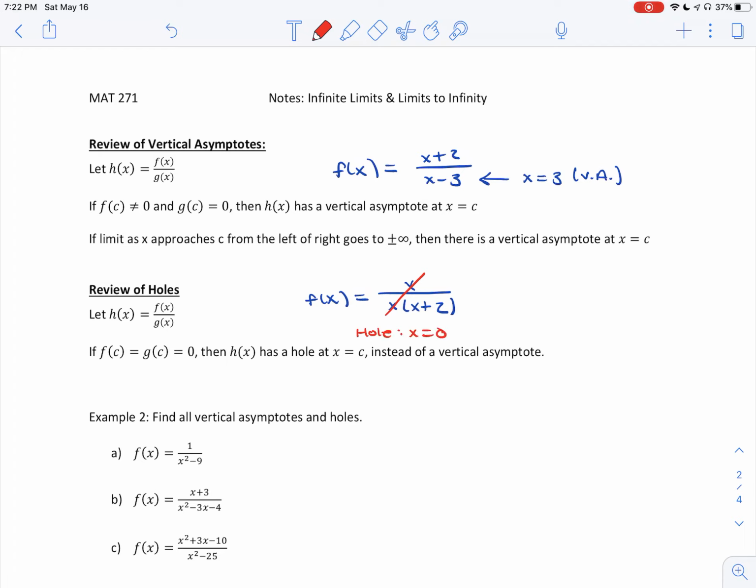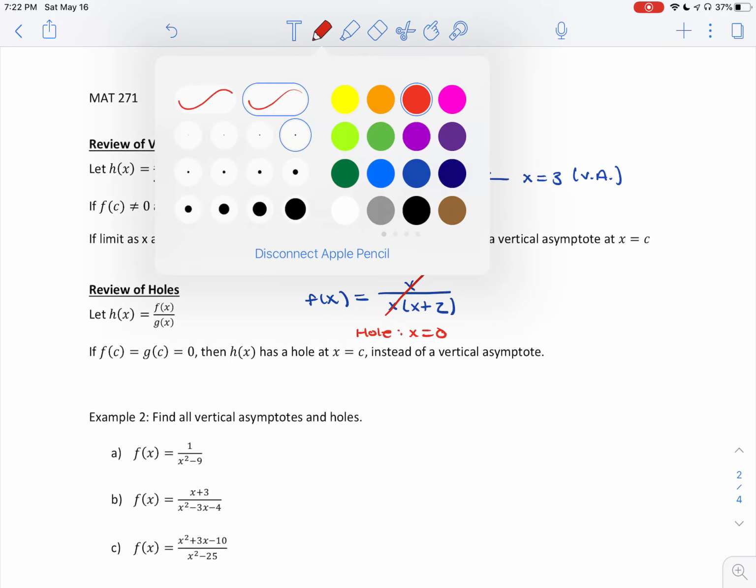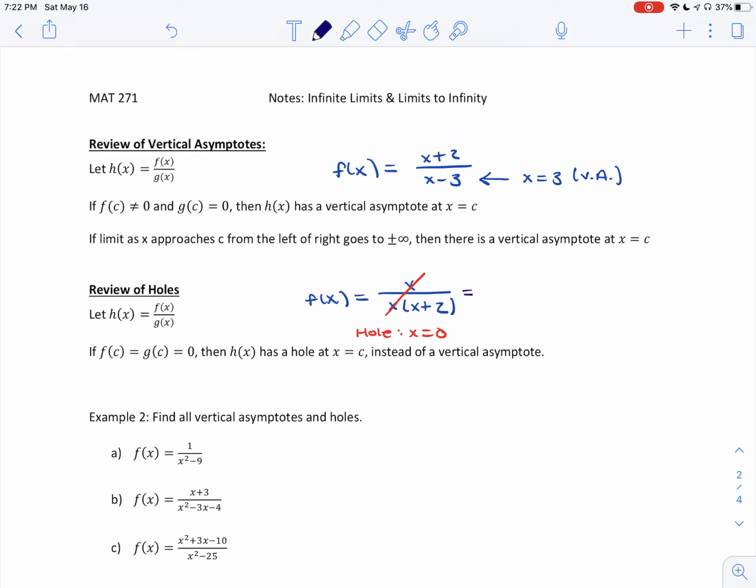So in this case, since we canceled an x, we're going to have a hole at x equals 0. Now let's go ahead and just simplify this function down a little bit more. We'd have 1 over x plus 2, which now from that simplified function, we can see that we still have a factor in the denominator, which is going to give us a vertical asymptote at x equals negative 2.